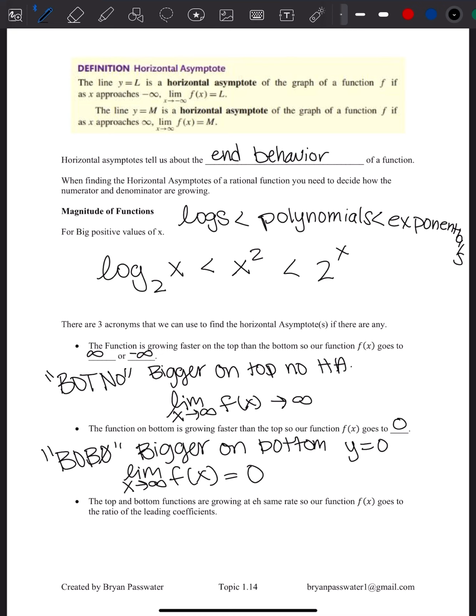Okay, and the last one, the top and bottom functions are growing at the same rate, so our function f of x goes to the ratio of the leading coefficients. We call this one EATS DC, which stands for exponents are the same, divide coefficients.